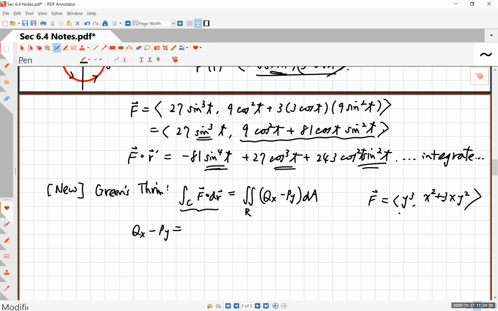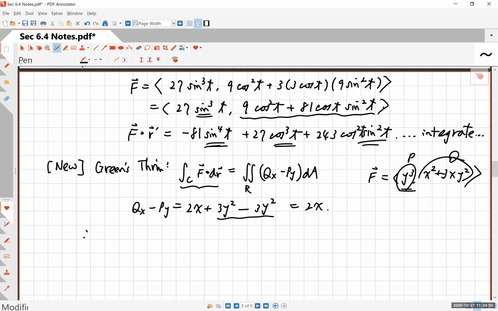Okay, so this is the P, this is the Q part, and Qx is 2x plus 3y squared. And then I have to subtract Py, which is 3y squared. And of course, these things cancel. This just becomes 2x.